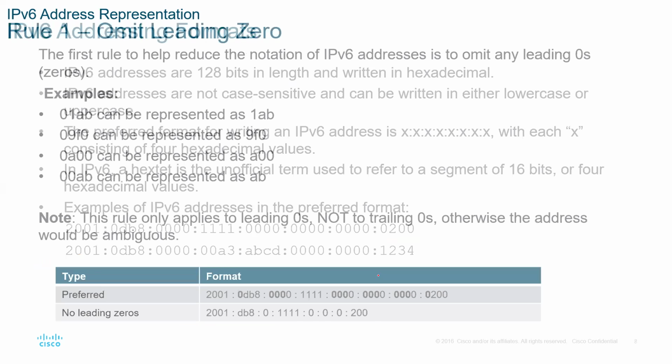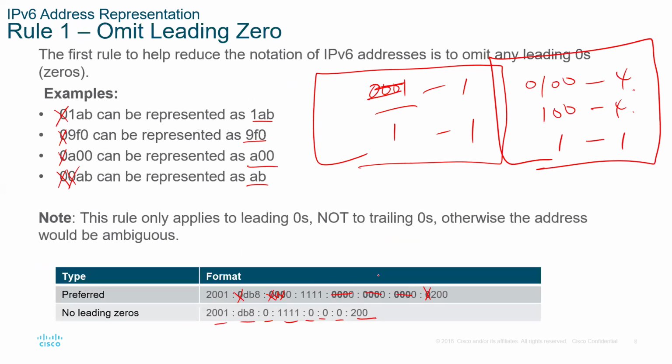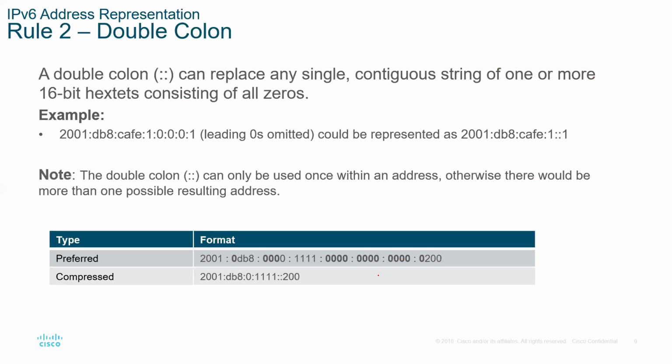Rule number 2 says you can use a double colon. A double colon can replace any single continuous string of 1 or more 16-bit hextets consisting of all zeros.